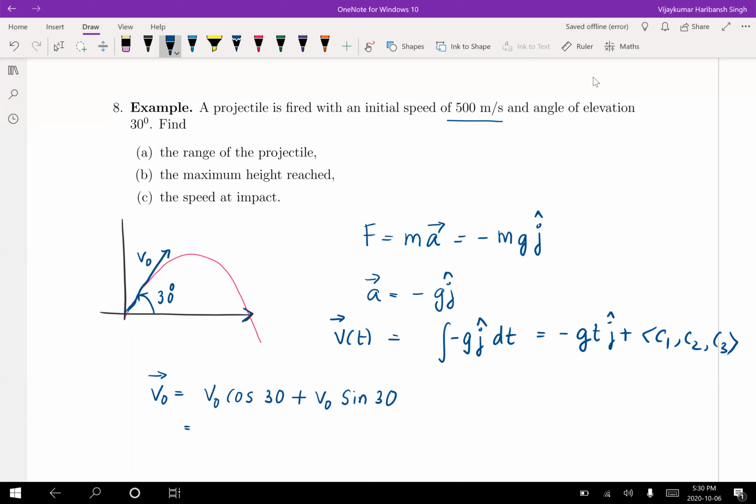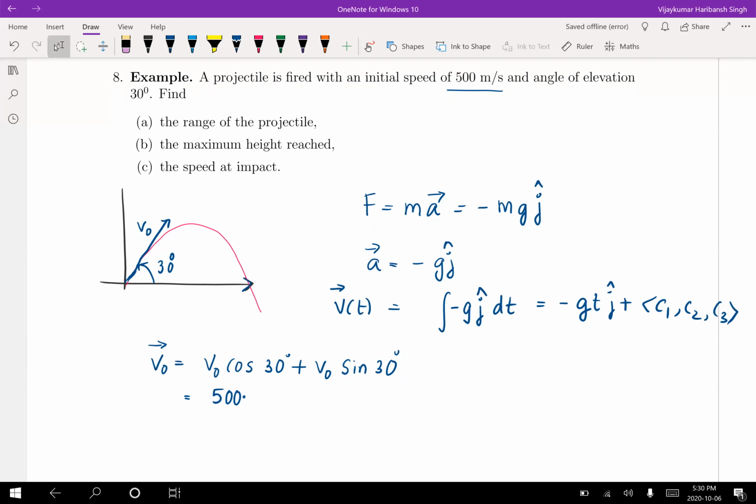That is going to be 500 times cos 30 degrees, so cos 30 is root 3 over 2 i, and then 500 sin 30, which is 1 by 2 j. So this is our V0.